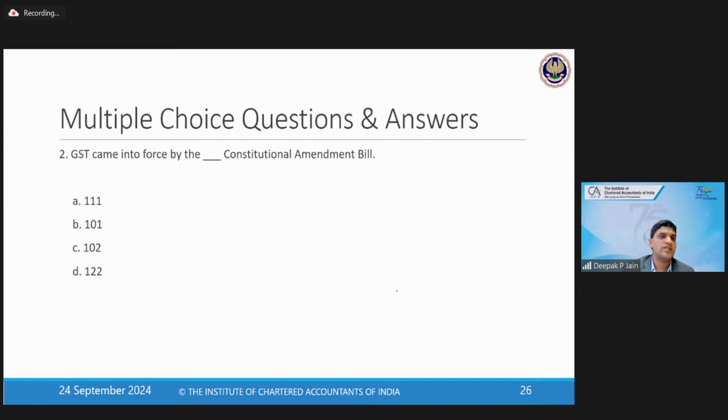Second question. GST came into force by the Constitutional Amendment Bill, dash Constitutional Amendment Bill: 111, 104, 102 or 122.